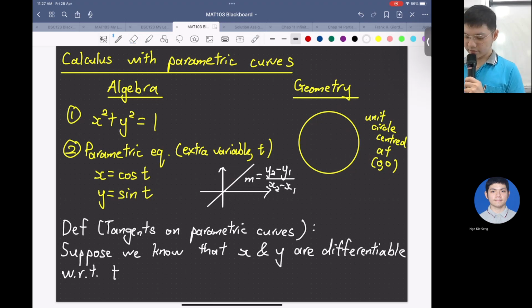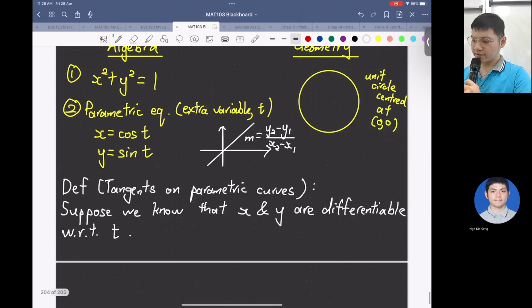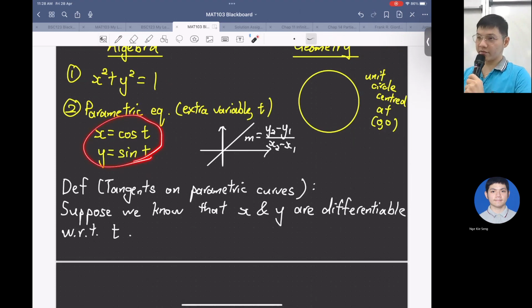So what's the tangent line at a point? We already know that x and y are differentiable, and we want to find a tangent line on our curve. So how should we find it?